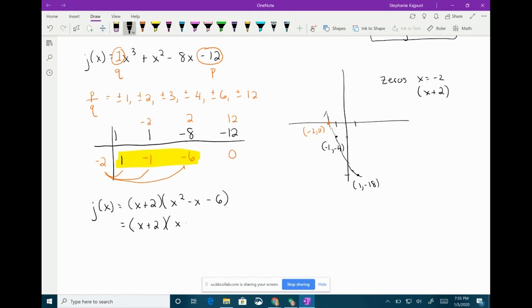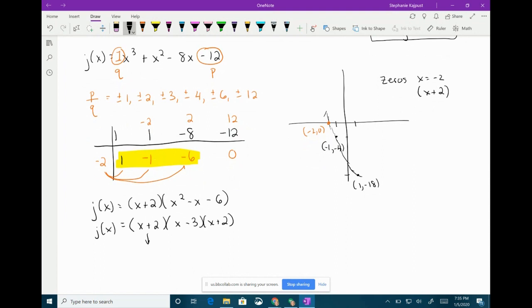So this factors to x minus 3, x plus 2. I've got two numbers that multiply to negative 6 and add to negative 1. That's negative 3 times 2, which gives me negative 6. Negative 3 plus 2 is negative 1.